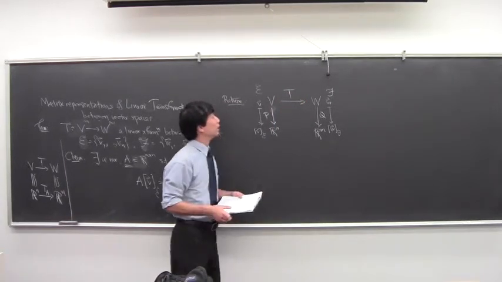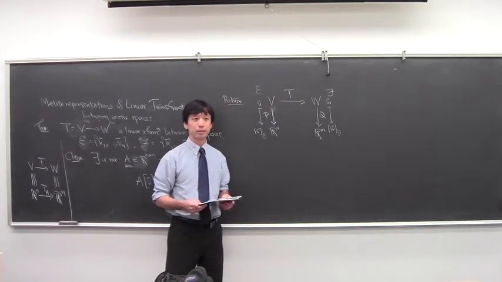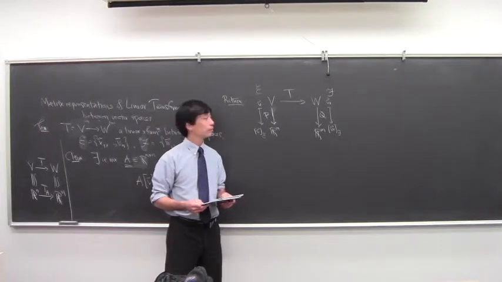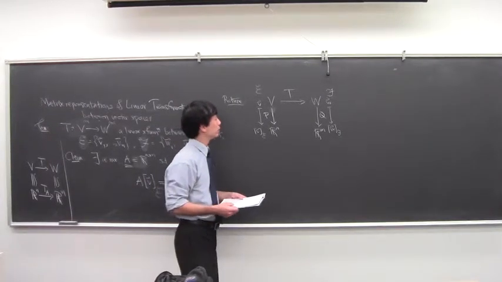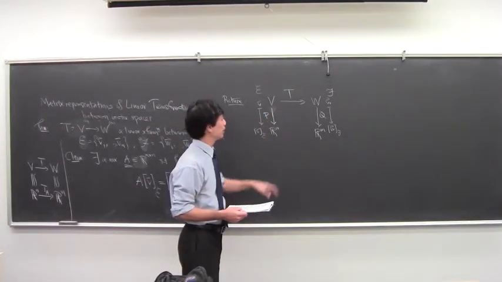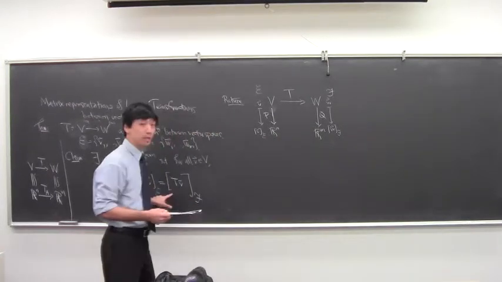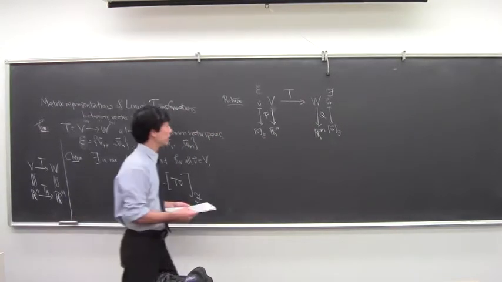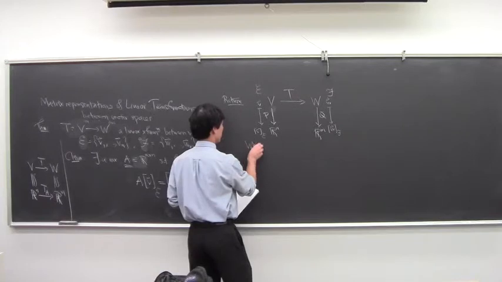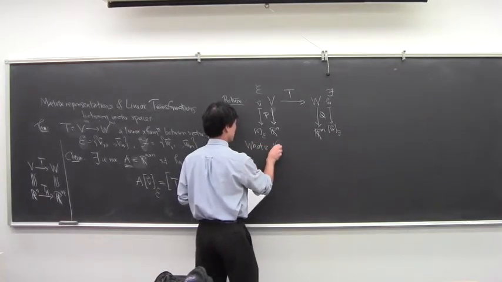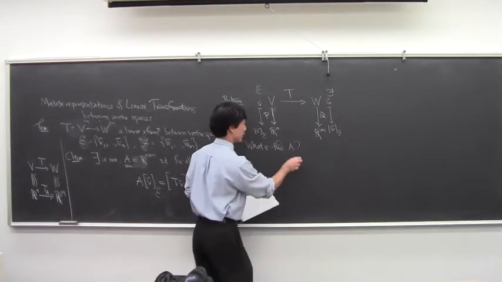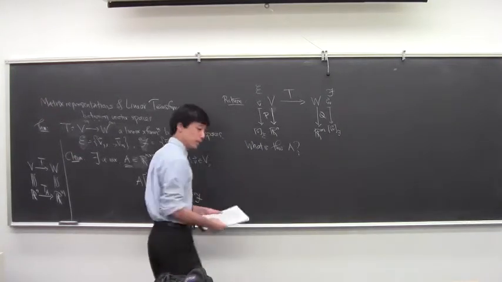Now we have T here. We have the map T, and what is this matrix A? You notice what it says it does.